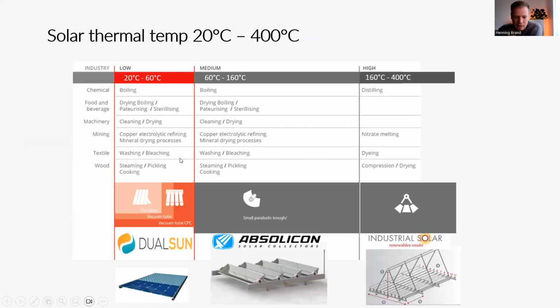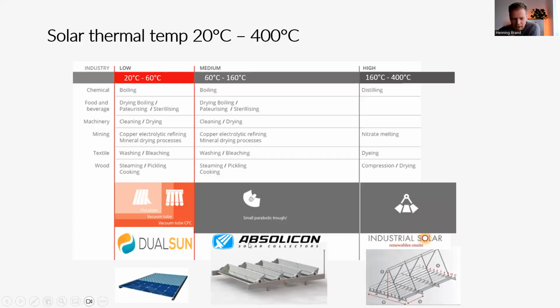When I'm saying solar thermal, there are several different technologies that are suitable for different purposes. There are evacuated tube collectors, which have these round tubes that produce hot water, or flat plate collectors. They are normally good between 20 to 60 degrees, or you can push them up to 80 as well. Then we've got the parabolic trough collectors.